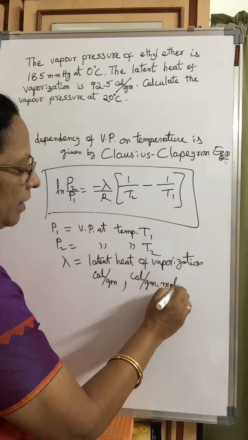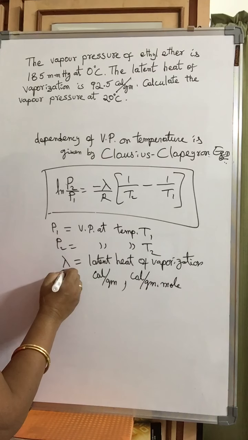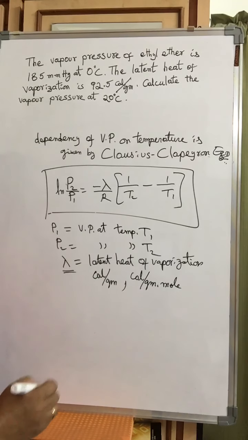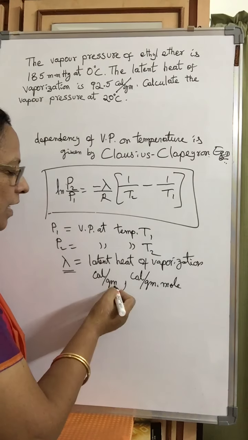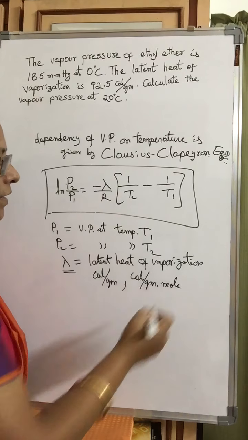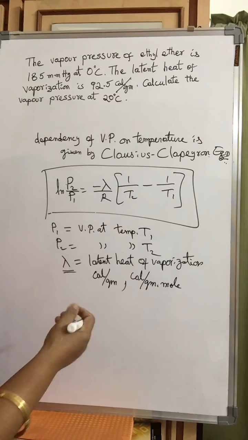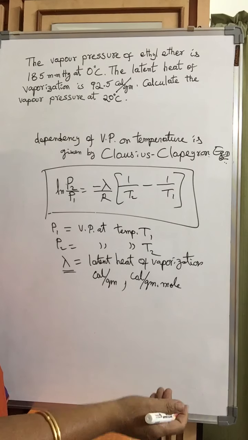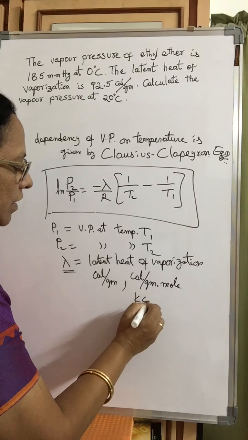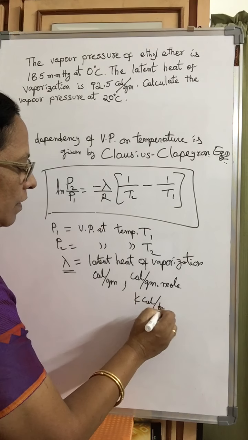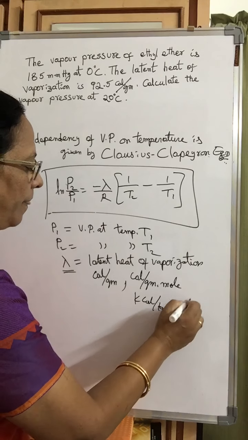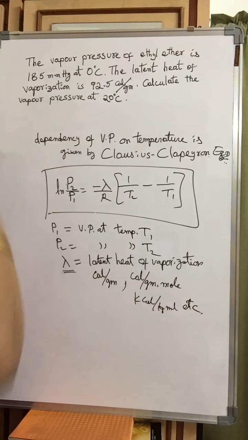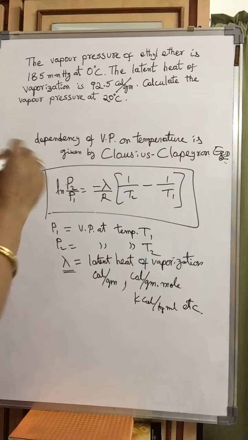Usually data is available for latent heat of vaporization either in calories per gram, calories per gram mole, or kilocalories per kg mole, etc.